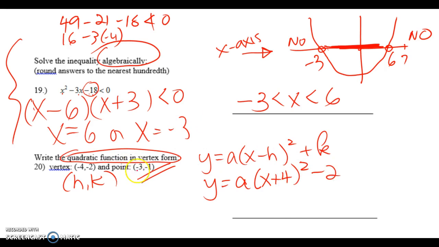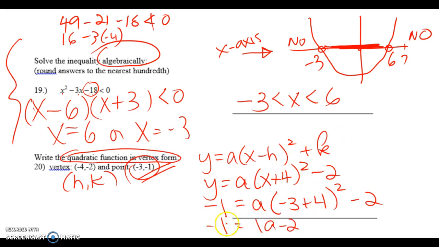Now take that additional point right here to help us solve for a. -1 equals a times -3 plus 4 squared minus 2. -3 plus 4 is 1. So -1 equals 1a minus 2, add 2 to both sides, a equals 1.